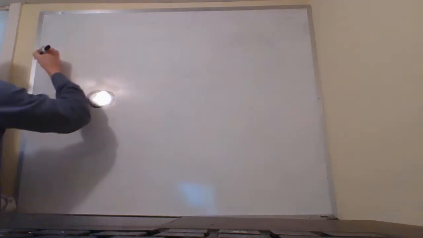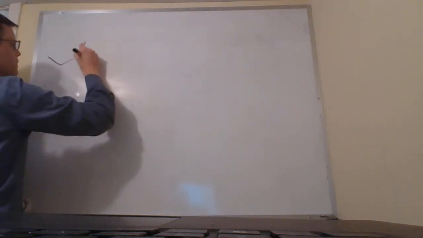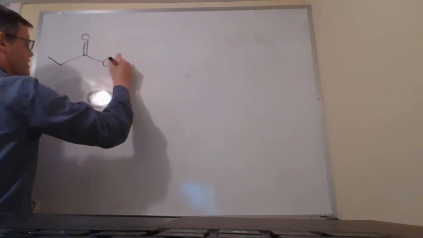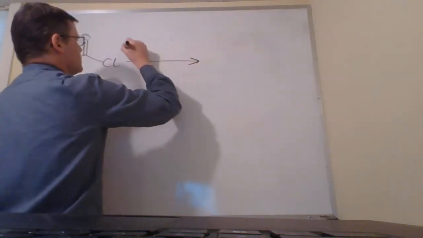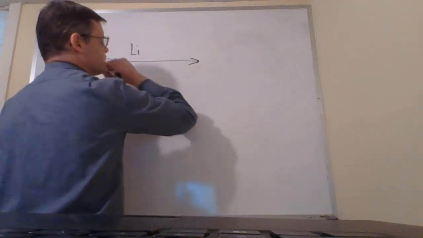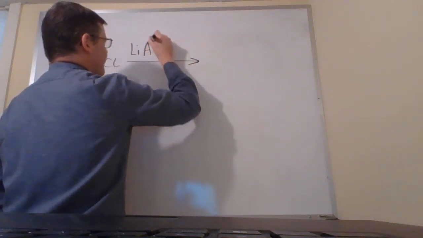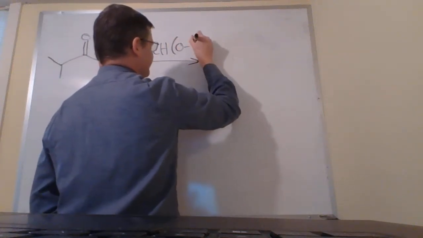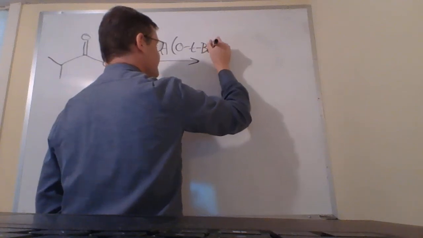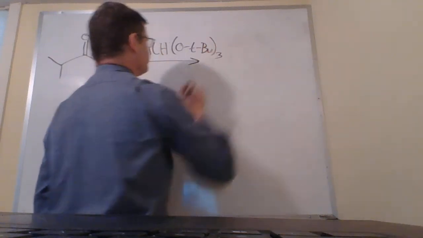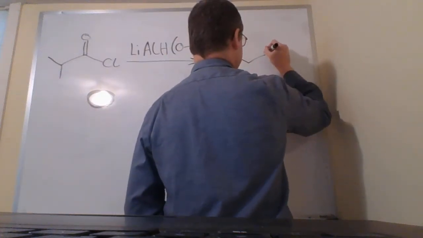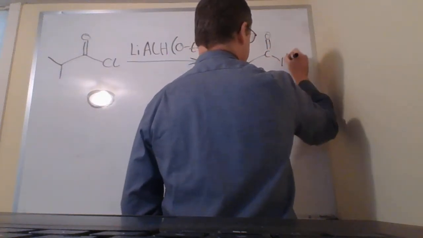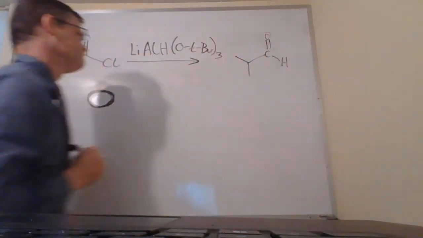Here's an acid chloride, and we could use our mild reducing agent, lithium tri-tert-butoxy aluminum hydride. Ugh, say that 20 times fast. And that's going to reduce us to the aldehyde.